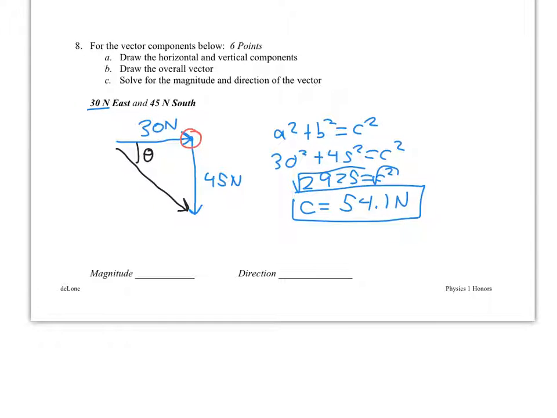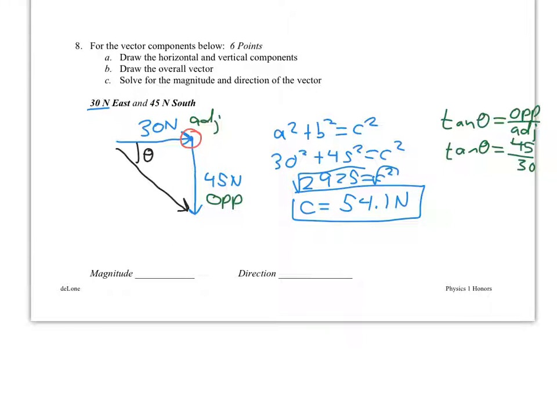So in order to get that direction, I'm going to say tangent of that angle is equal to the opposite over the adjacent. That's just the definition of tangent. This 45 is going to be my opposite side here. This 30 is going to be my adjacent side, the side touching the angle. And so I can say tangent of theta is going to be equal to 45 over 30. All right.